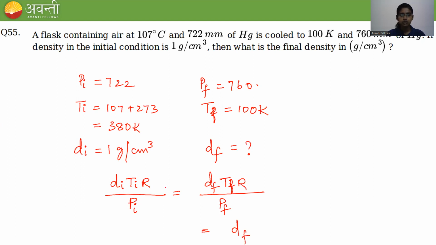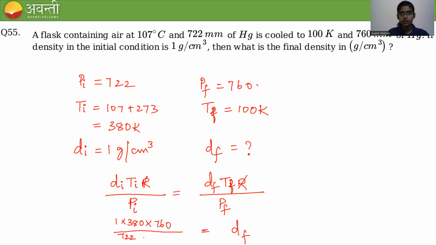So just substitute all the values. Here you are having initial density, which is 1, and the initial temperature will be 380, and R gets cancelled on both the sides. And taking this PF to the other side, the final pressure is 760 divided by initial pressure 722.